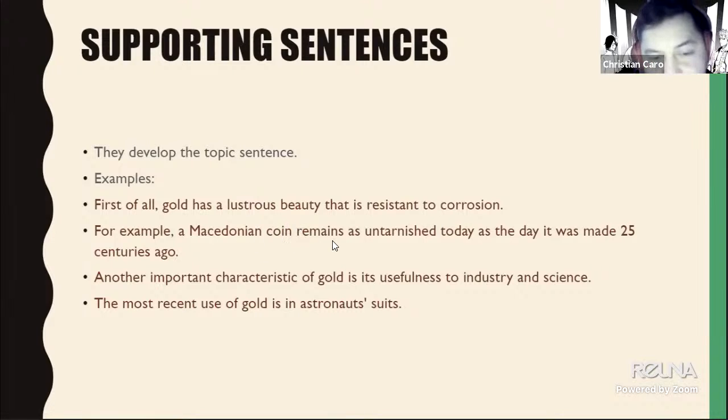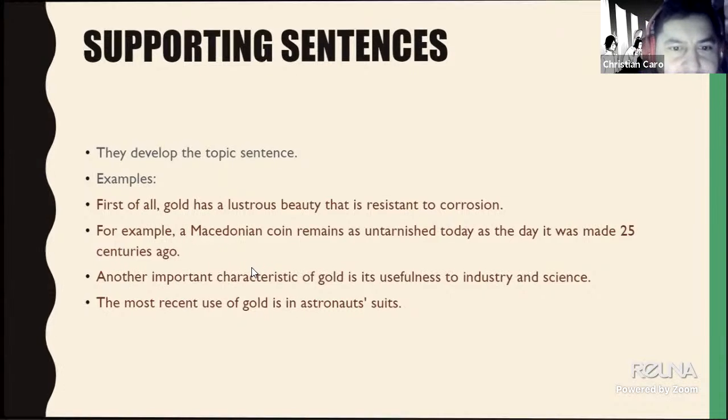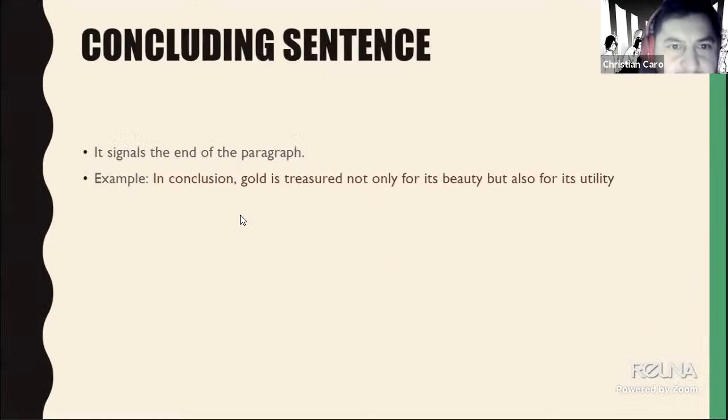For example, a Macedonian coin, another important characteristic, and the most recent use of gold is, the supporting sentences in this case. You got examples, and you got characteristics or applications. And the concluding sentence indicates the end of the paragraph, and we use a marker like in conclusion. Okay.